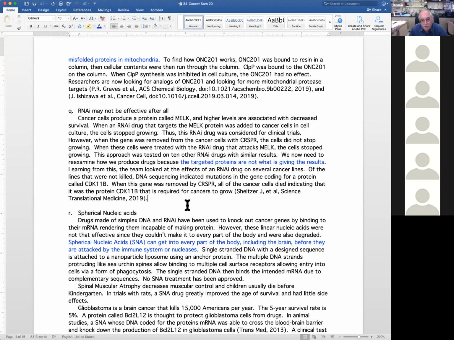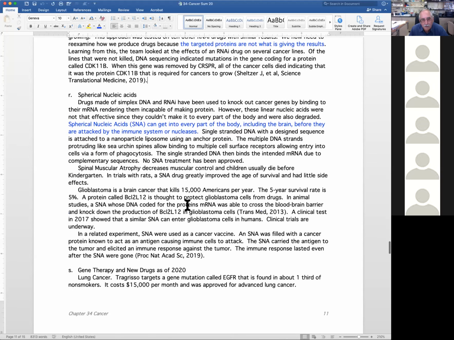Matter of fact, drugs from single-stranded DNA, which would be used to bind messenger RNA, and RNA interference, doing the same, have been used to knock out cancer genes, but they're not very effective. You can't get them to go anywhere in the body you want, and they're also degraded fast. So just recently, they came up with this, spherical nucleic acids.